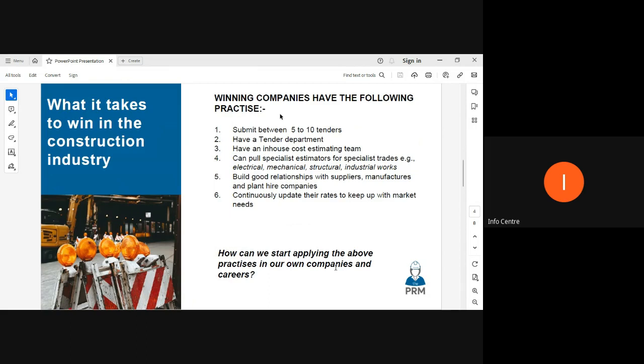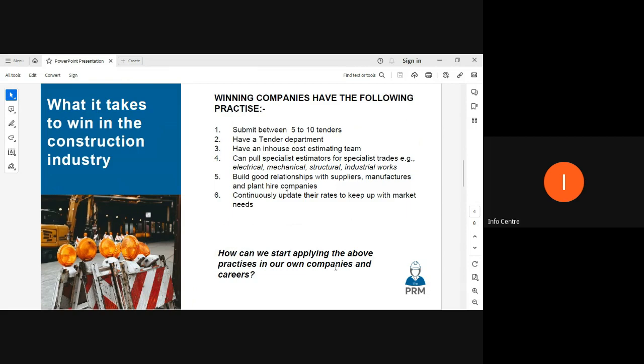So now these are the top qualities of winning companies. So the question is, how can we start this in our own companies and careers? Of course, we know that some of these are virtually impossible to achieve because we've got certain constraints. Number one, we are small businesses.